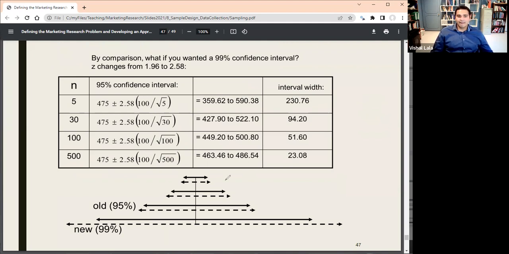Well, you're going to find that between 95 and 99, if you want 99% confidence, your confidence bands are going to get wider. The dotted line here looks at 99%, and the solid line looks at 95%. You can see as you go from 95 to 99, you want more confidence, then your confidence interval is going to grow, and precision will drop. So you can see how all these different things are interconnected.